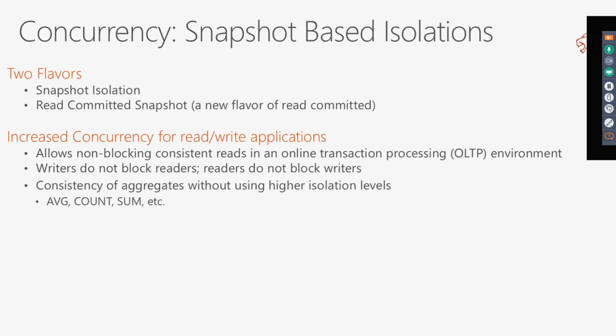Many customers say they're getting a lot of blocking, and your CPU is running at 20% because everything is getting blocked. We tell customers to try RCSI, read committed snapshot, on your database, and suddenly they see the blocking is gone and their CPU can go to 50 to 60 or higher, and they get better throughput.